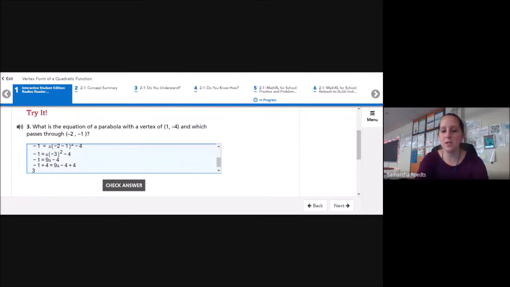So that gives me 3 equals 9a. I divide both sides by 9, so I get 3/9, which equals 1/3. So a equals 1/3.